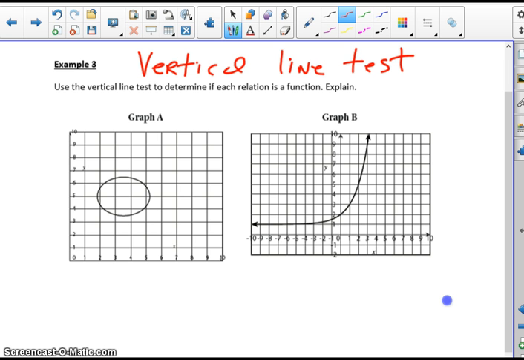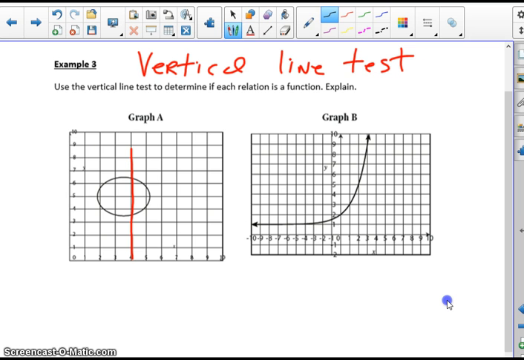So if I use the vertical line test, I very simply just draw a vertical line through my graph, and I see if my vertical line touches the graph in more than one location. If it touches it in more than one location, it is not a function. If it touches my graph only once, it is a function.